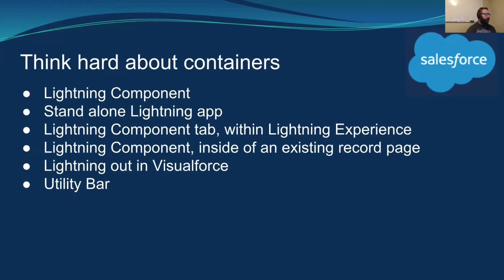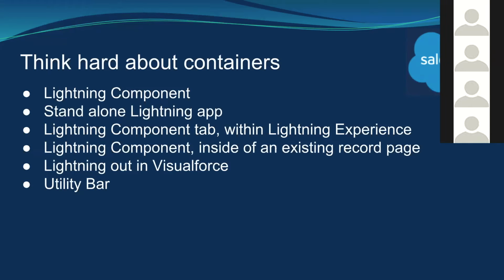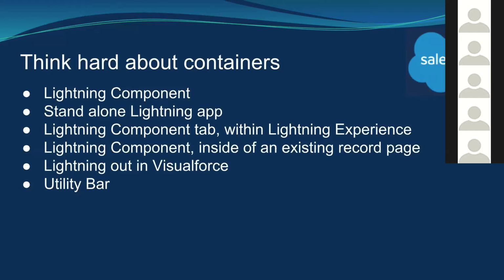You can put the Lightning component in a standalone Lightning app, which will launch in a new tab with its own URL. You can attach it to a Lightning component tab and then view that within Lightning Experience. You can drop that Lightning component inside an existing record page with App Builder. You can also build an app and surface it with Lightning Out and Visualforce. You can even surface it through the utility bar.